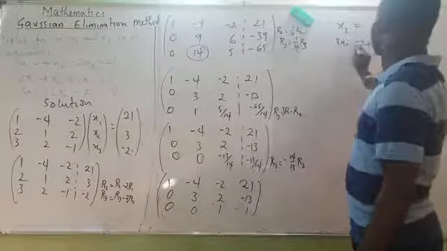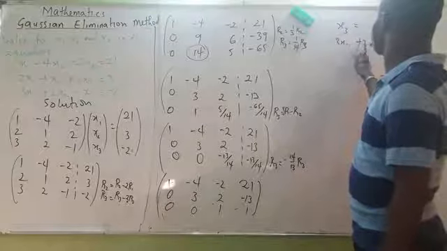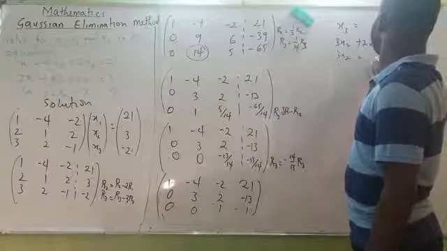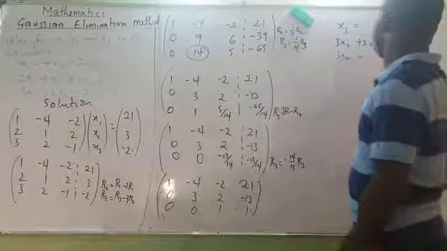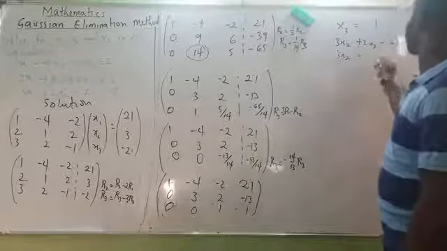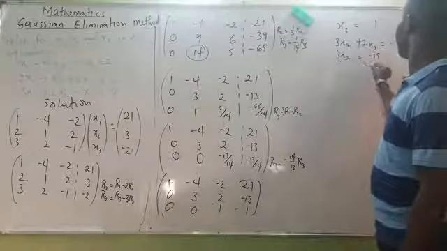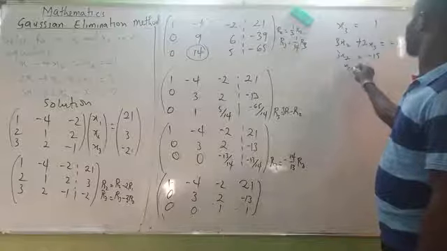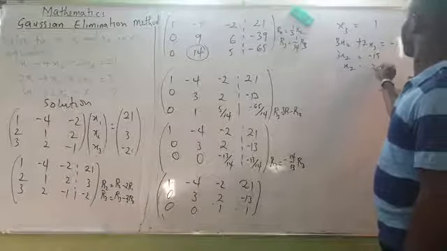Minus 13. Which I will be having, this is going to be 1. 3x2 equals to 13 minus 13 minus, which is going to be minus 15, which is my x2 will be equals to minus 5.